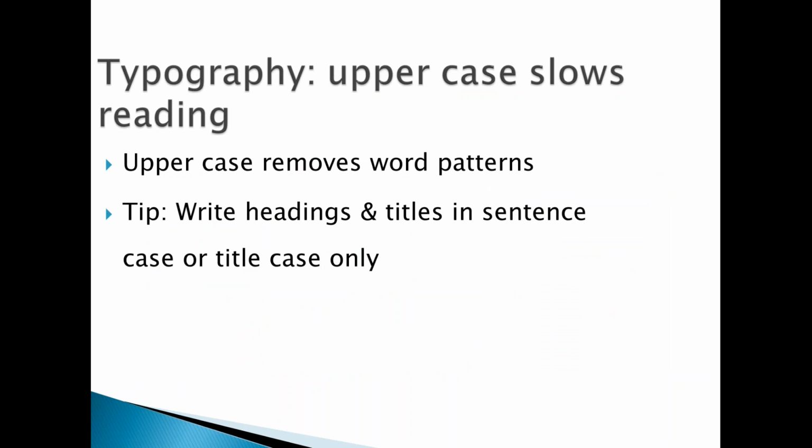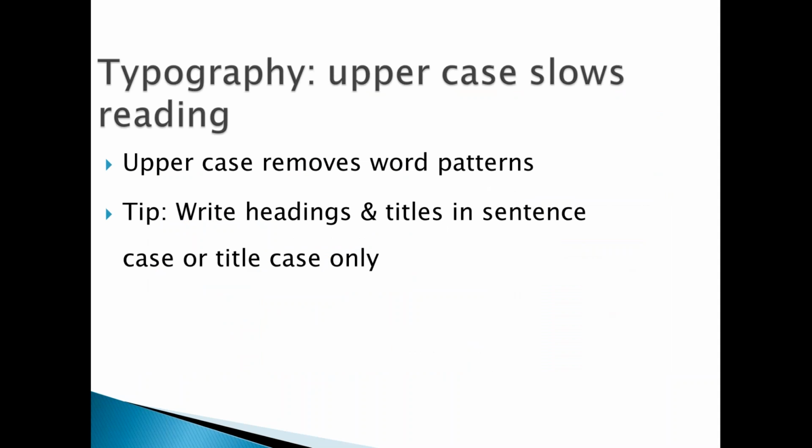Uppercase lettering. A lot of websites that we review use uppercase lettering for everything on their site. And it actually has proven to show that it slows the reading level of the user. Uppercase also removes word patterns, so it makes it more difficult for users to search and find information.